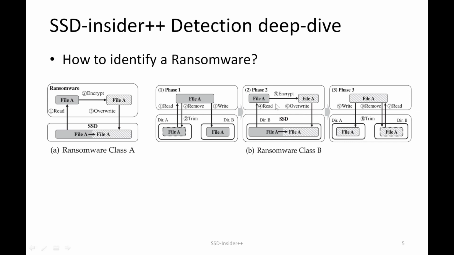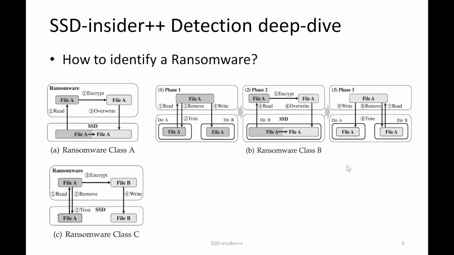So this phase 2 is very similar to class A. Now in phase 3, it would read the modified file from this new location, delete that file in the newer location, and write it back to the previous location. Now if we want to analyze this particular ransomware, it has an interleaving pattern of reads, writes, and deletions.